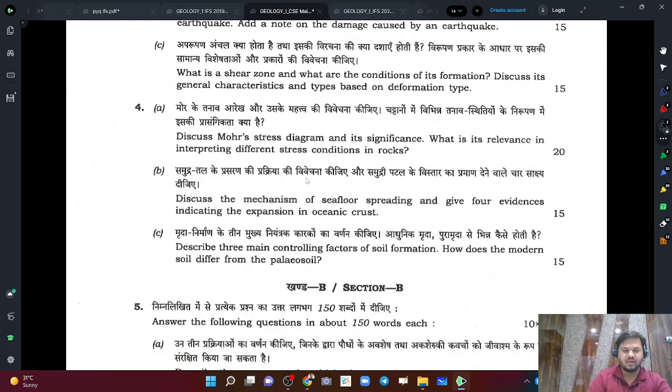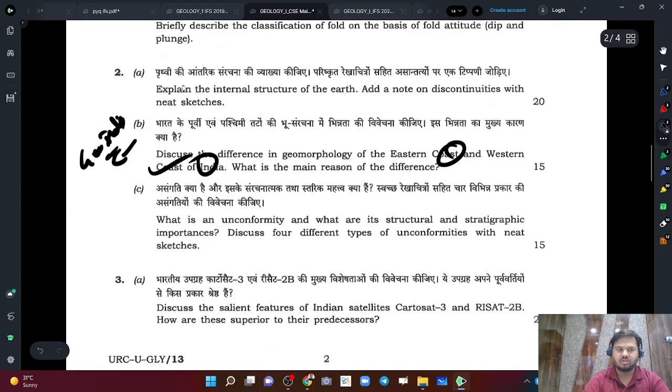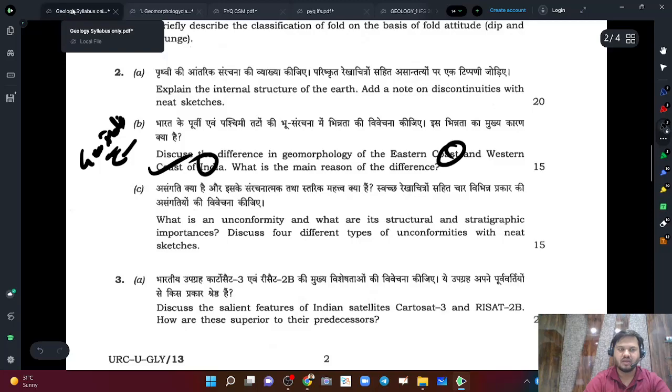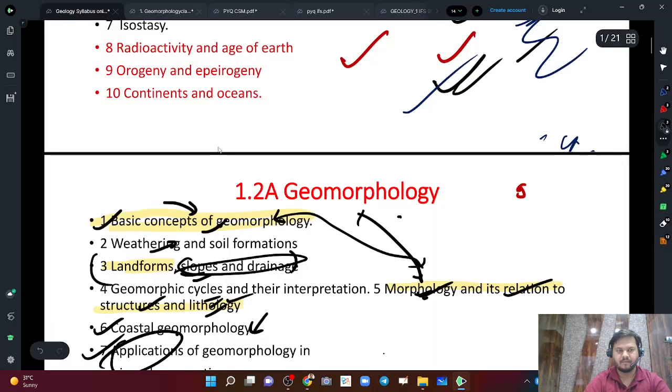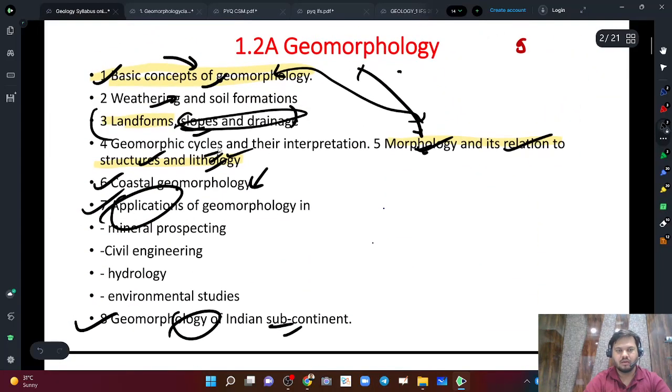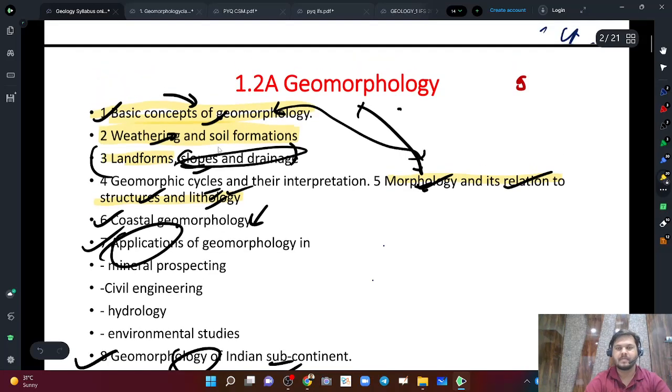And then again, they are asking about weathering, soil formation or weathering. So soil formation is also one of our topics. You can see here they have mentioned weathering and soil formation, right?